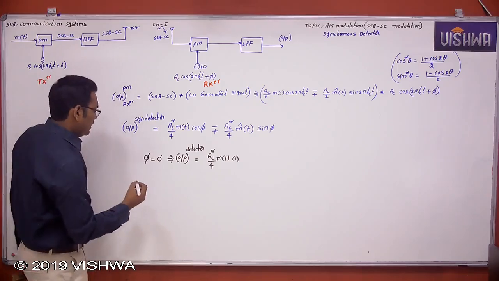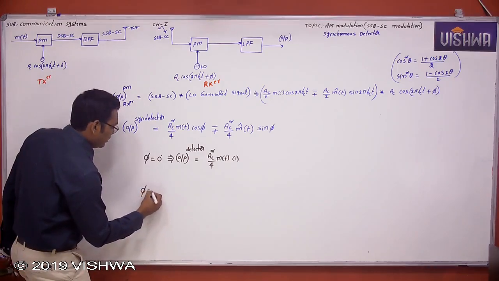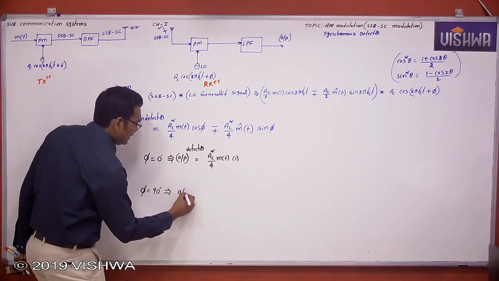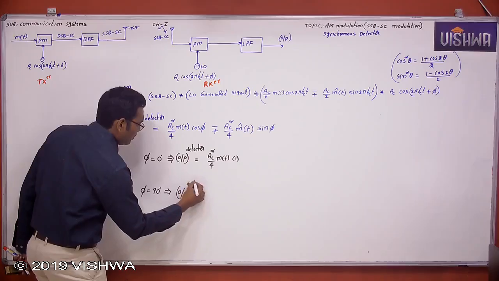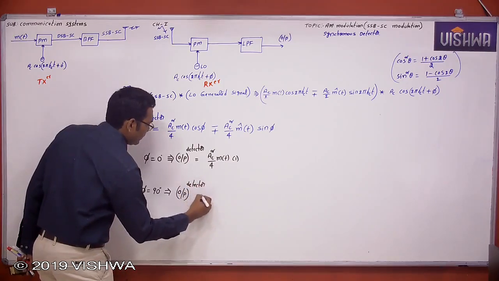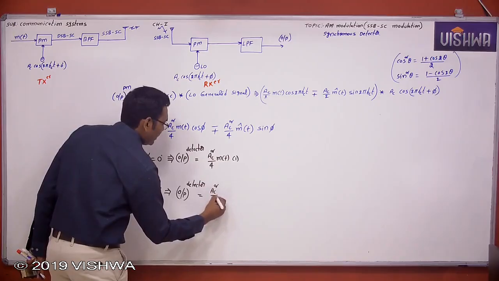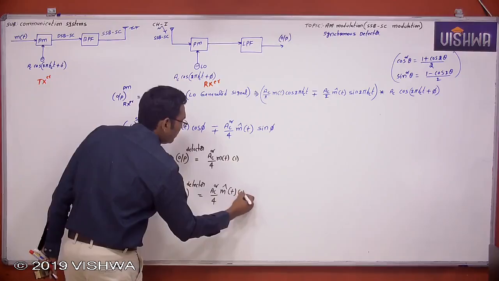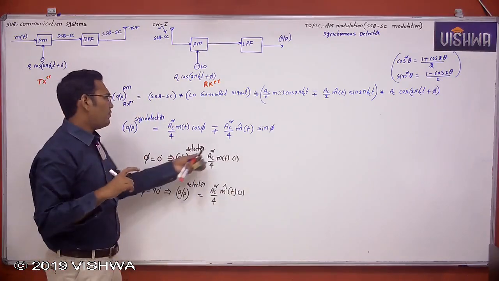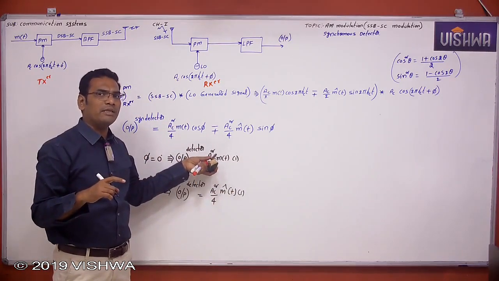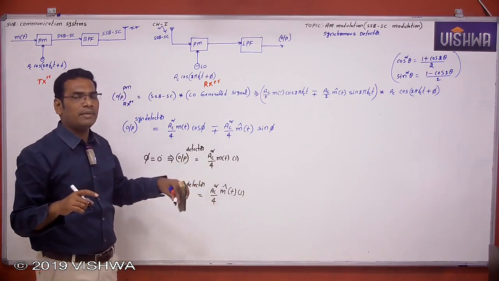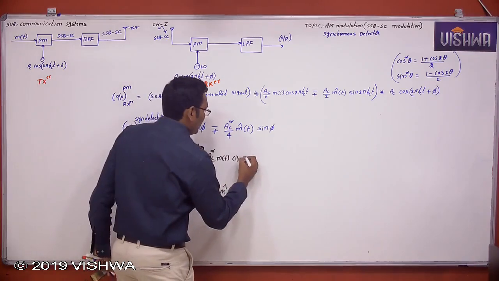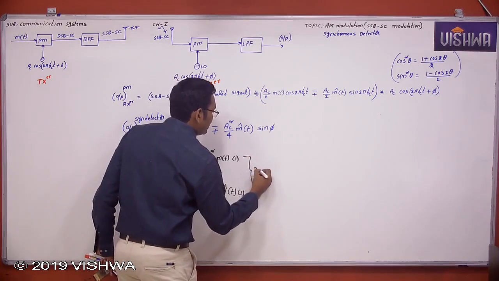Next, if phi is equal to 90 degrees, the output of the detector is A_c square by 4 m cap(t), since sin 90 is 1. Both are perfectly synchronized. m(t) is a message signal of amplitude A_m, and m cap(t) is also a message signal of amplitude A_m. Only the phase is different. Not a problem. Which means that they are now perfectly synchronized.